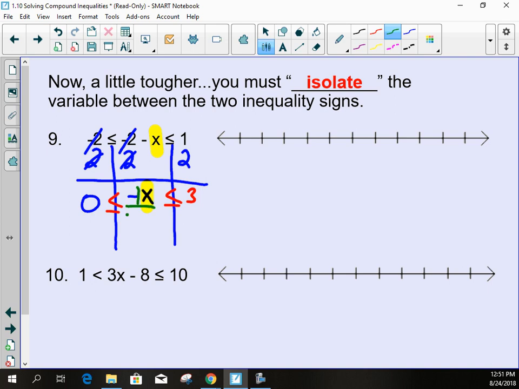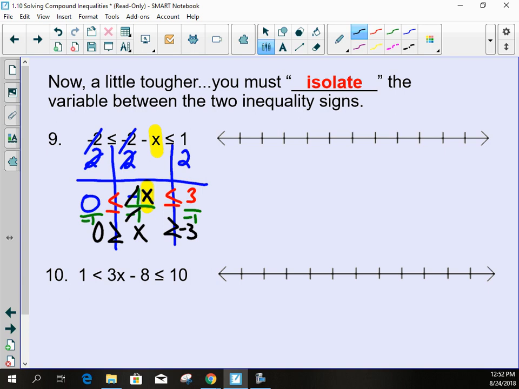So I have to divide everything by -1. Uh-oh, I divided by a negative, didn't I? That means I have to flip this inequality, and I have to flip this inequality. 0 divided by -1 is 0. This leaves me with my x. 3 divided by -1 is -3. So now, that seems very confusing. And it is.